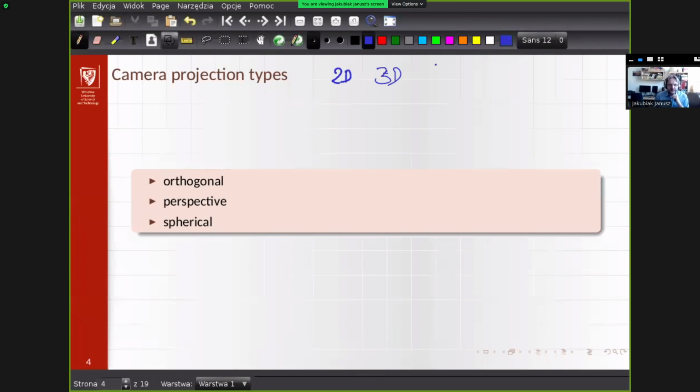Of course, you can have very different vision systems using standard visible light. You can have infrared light. You can have some color filters that eliminate a certain range of waves.